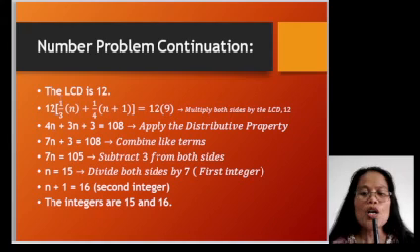So we have here 12 times 1/3 n. Why does it become 4n? Because 12 times 1/3 is 4, times n, that is 4n. Here we have 1/4 times n plus 1. So 12 times 1/4 is 3, times n is 3n.